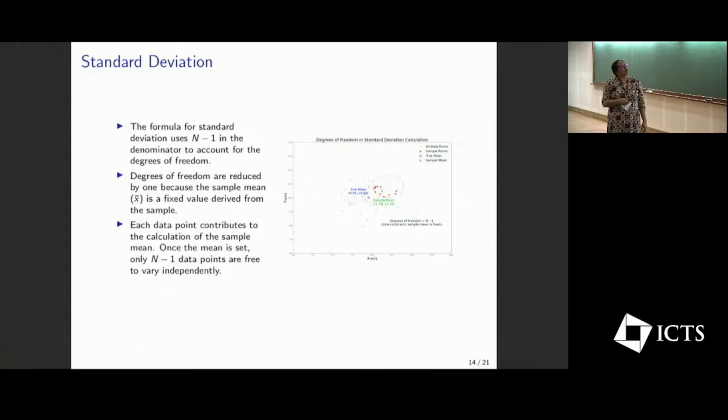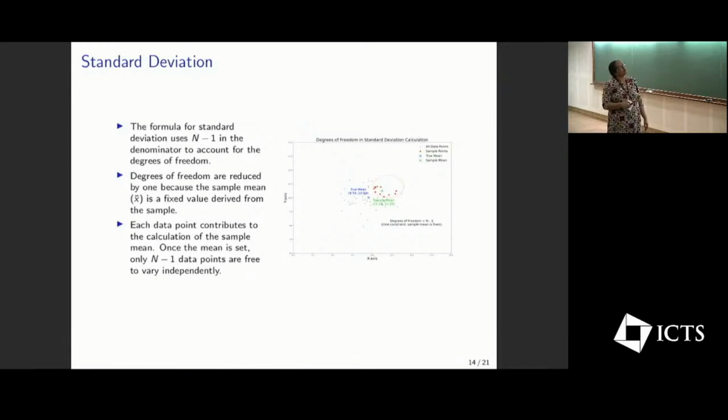So if you use just n in the denominator and measure the standard deviation, you might get a small value. But actually the standard deviation is much larger than that, right? It's a construction. I don't know who it is due to, but somebody famous.